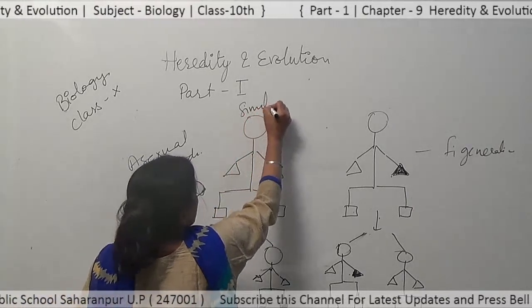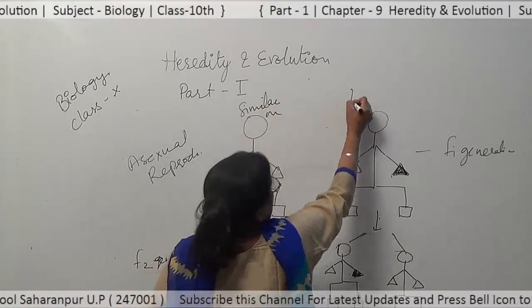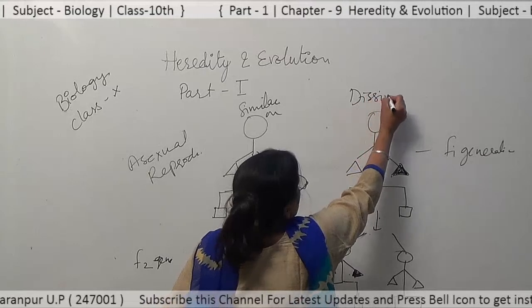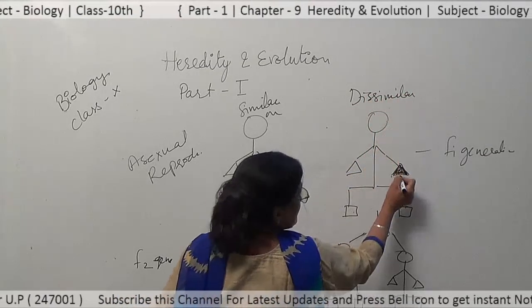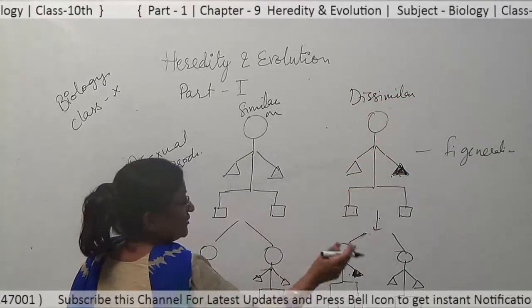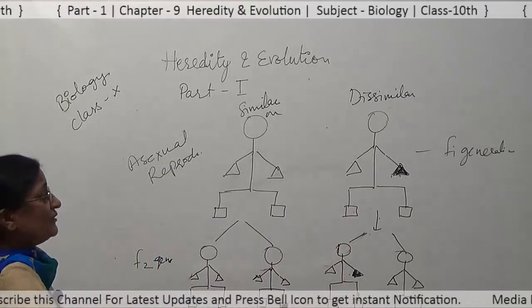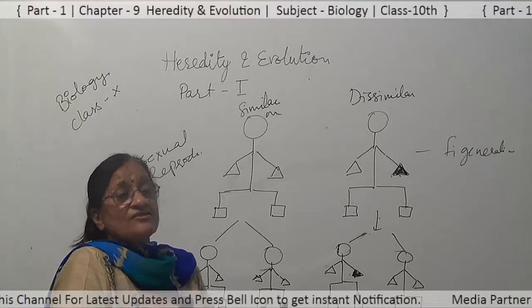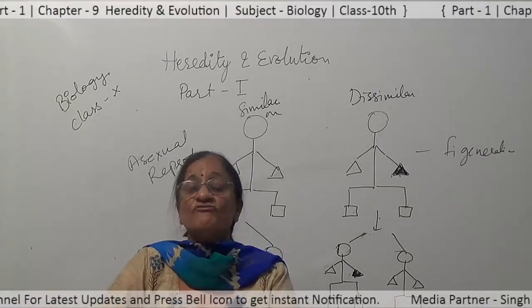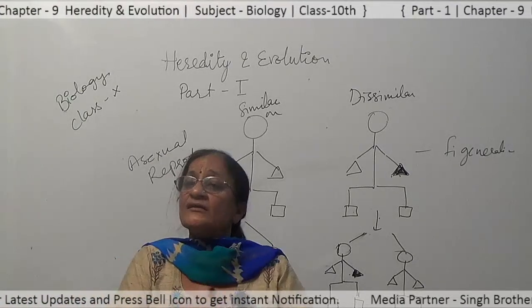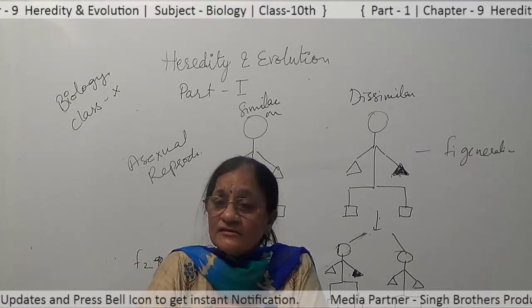This is the similar one and this is the dissimilar one. Here one of the characters is changed, and it will have both which have the dissimilar character. So this is the case of asexual reproduction, where we see some of the characters can be changed.